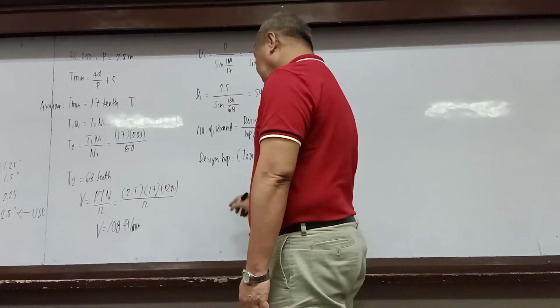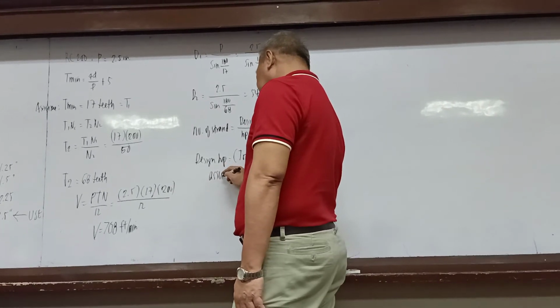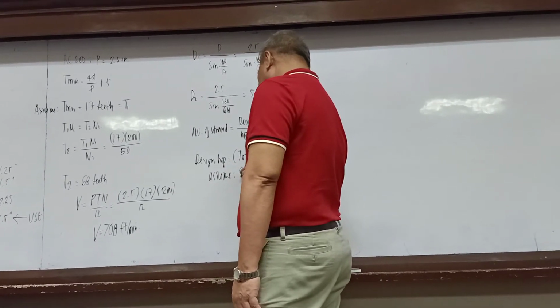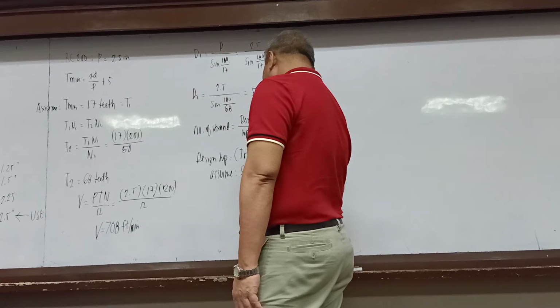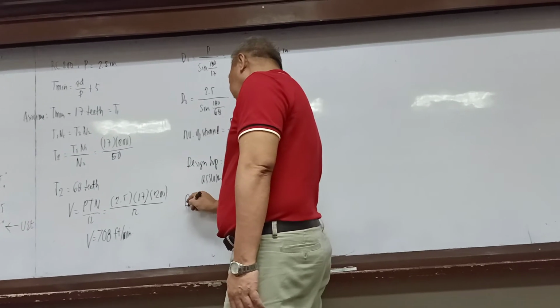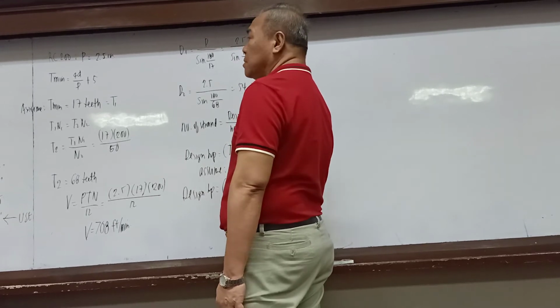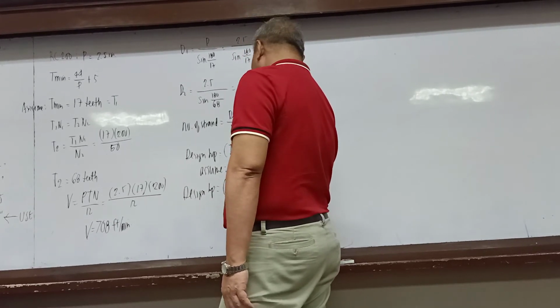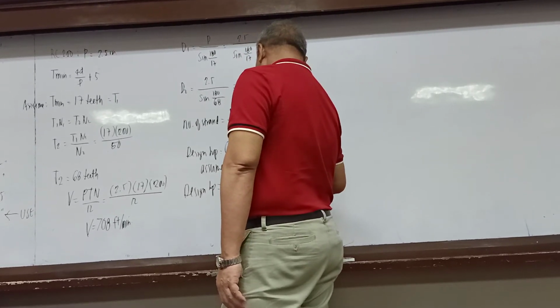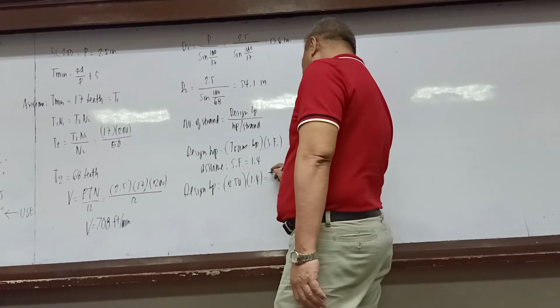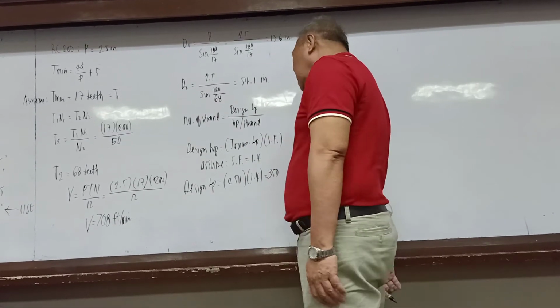Again, pwede nating assume yung service factor natin since hindi naman binigay. Okay, so assume na lang natin yan to be equivalent to 1.4. That's why your design HP is equivalent to 250 multiplied by 1.4, 350.